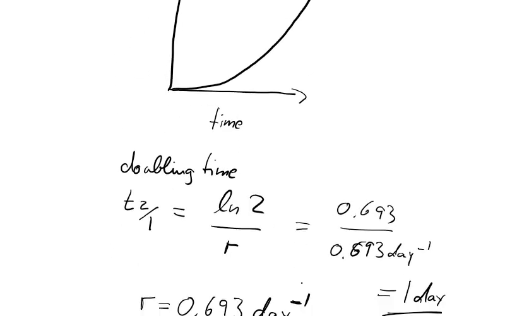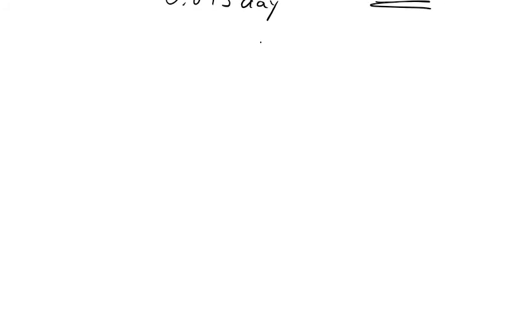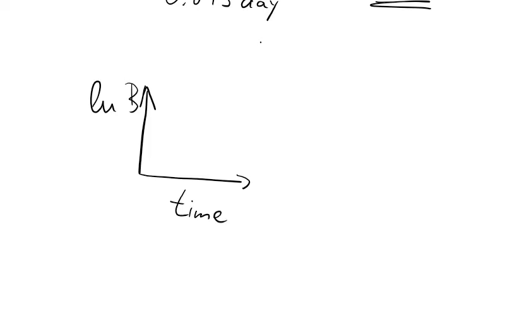Of course, what we can do is, if we really want to know if it is a first order growth, we can do ln B versus time. And what would we get if we did ln B? What do you reckon? Which way?